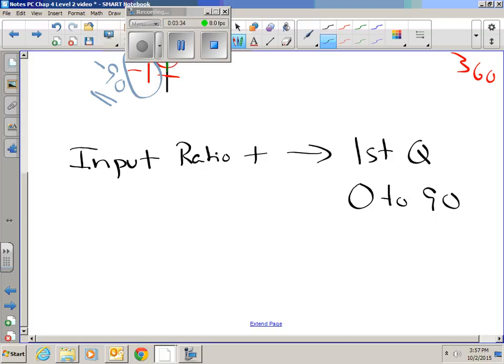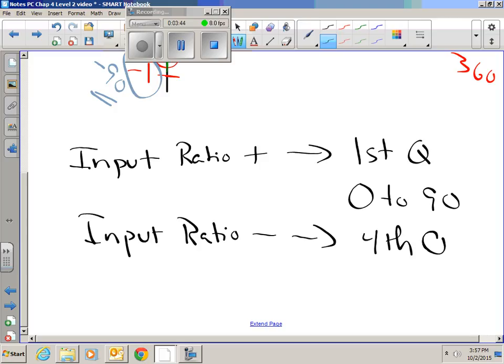If my input, my ratio, is negative, then my output goes to the fourth quadrant, from -90 to 0. In other words, we're going to go to the fourth quadrant the short way.